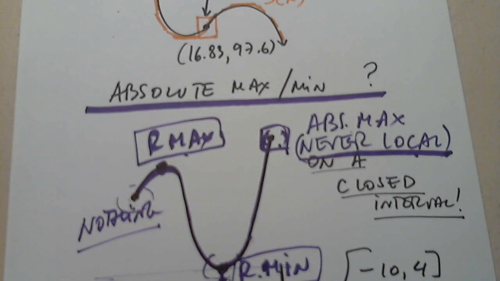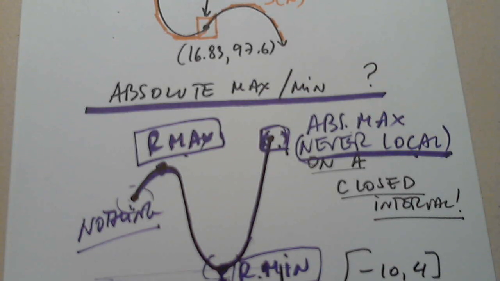Okay, so looking at the graph here, notice that this is never a local. Why is this point never a local minimum? Because it's an endpoint and the function does not exist on the left. Is it an absolute minimum?